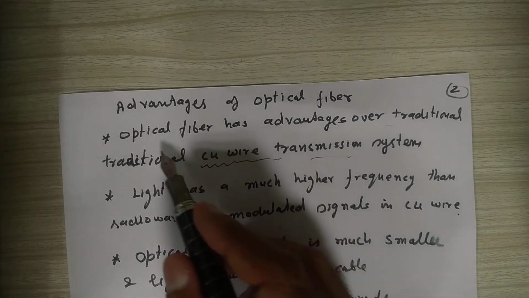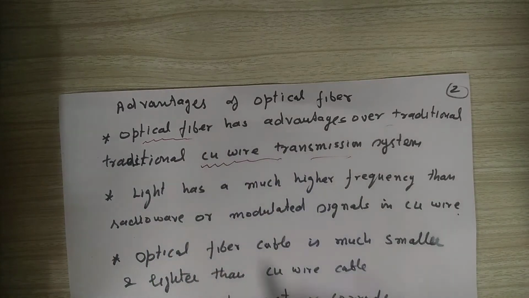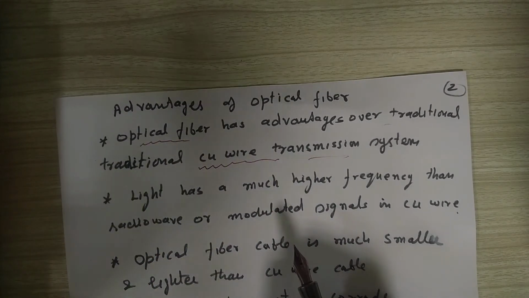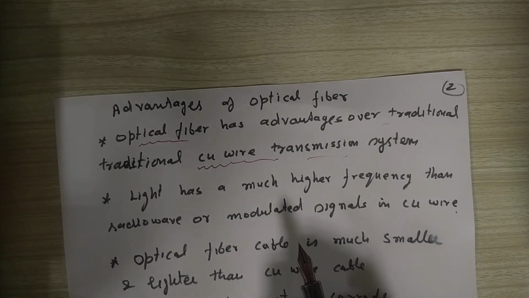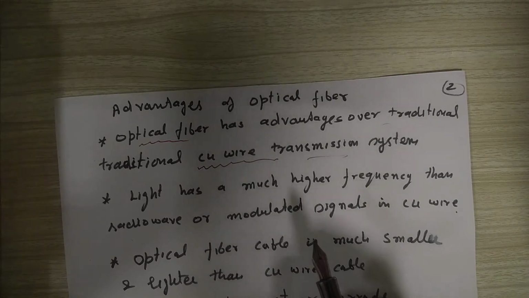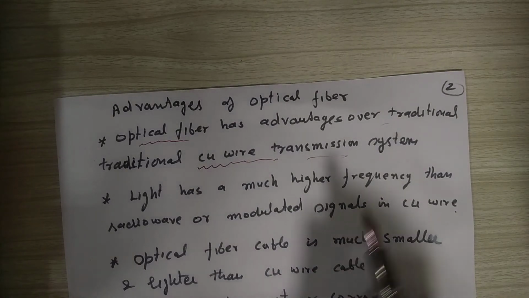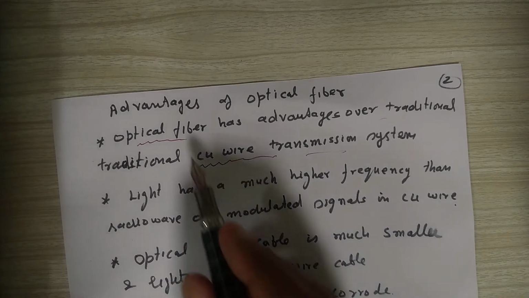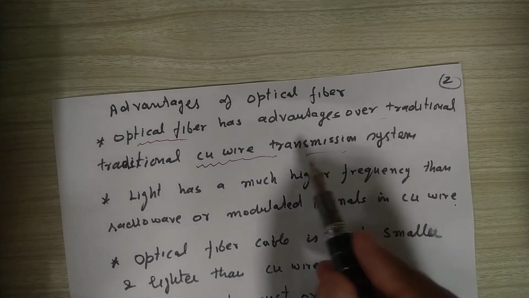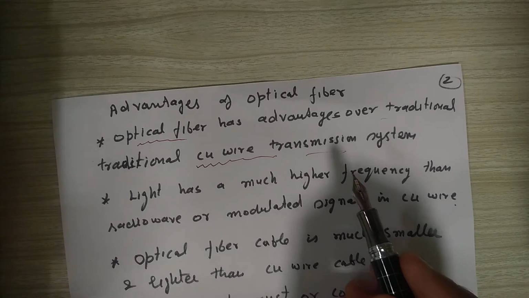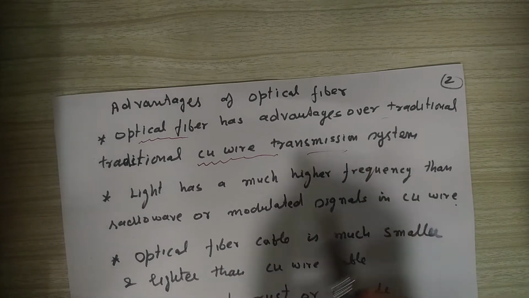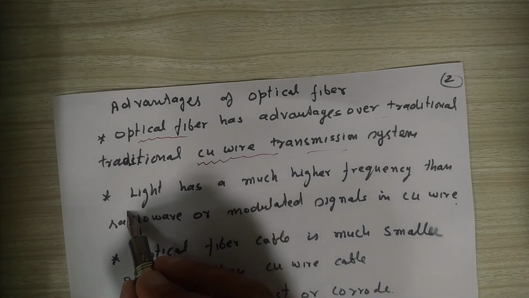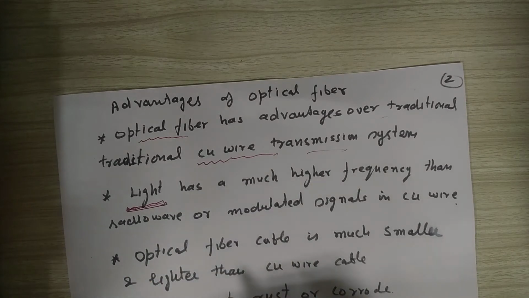And another is the optical fiber system. This optical fiber system has several advantages over this traditional transmission method. If I am using the optical fiber for the transmission of data or for communication purposes, in that case we will make use of light as a carrier.